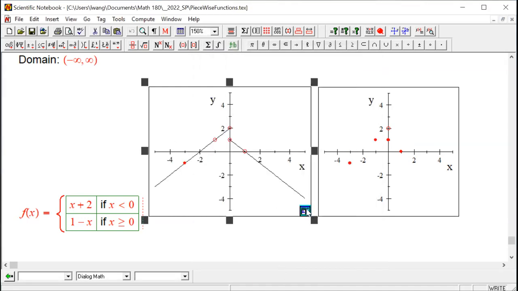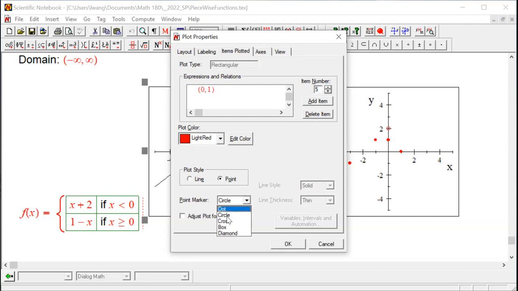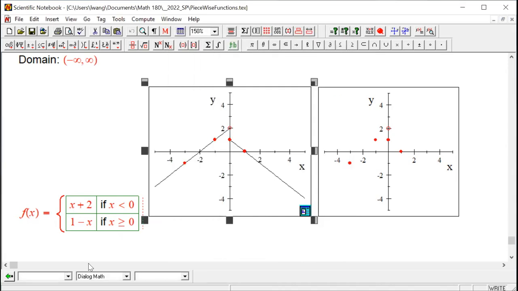Oh, sorry, these other ones should not be circles. My bad. That's a circle, but this is a dot. And that's a dot, and that should be a dot. There you go. So for you to graph it, you will graph these points.